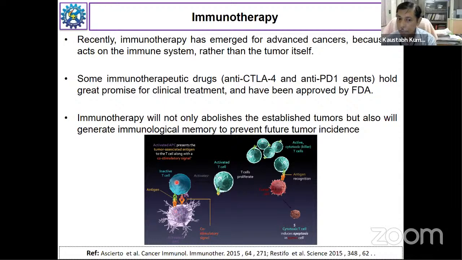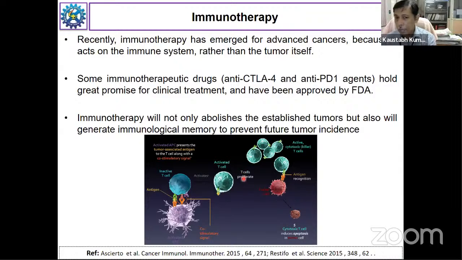Immune cells are usually inactive. Take T cells as one example: if you can activate them, the activated T cells can proliferate into cytotoxic T cells, and these cytotoxic T cells can kill the tumor cells. This is a very general way of understanding that immune activation, apart from chemotherapy, can be used for complete eradication of the tumors.